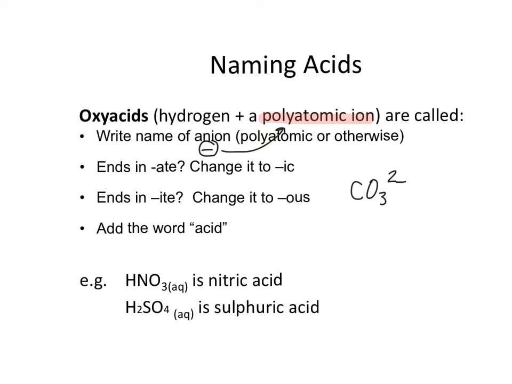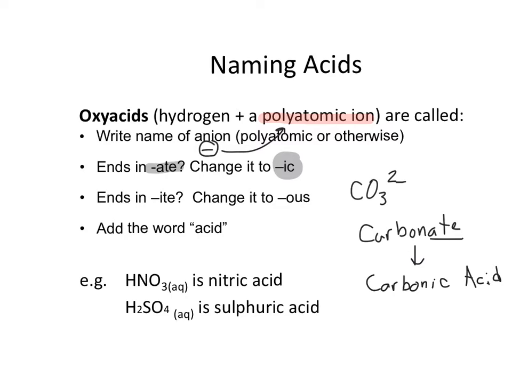And so I'm going to rewrite the name, carbonate, and notice it has an ATE. So if it has an ATE, you need to change the ending to ic. So this becomes carbonic, and then I throw in the word acid, carbonic acid.